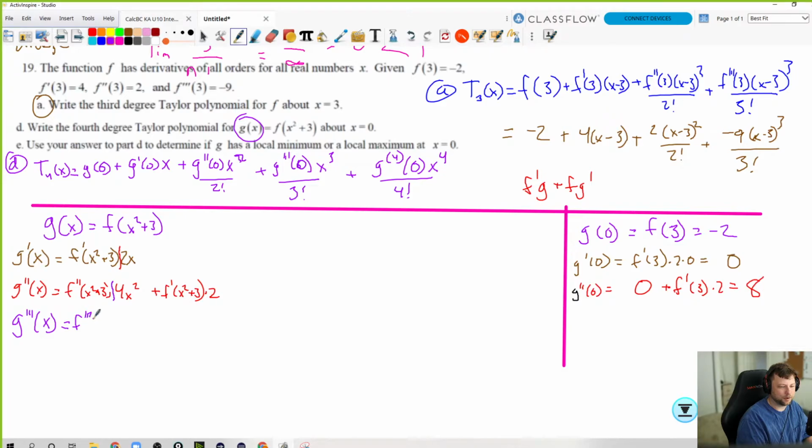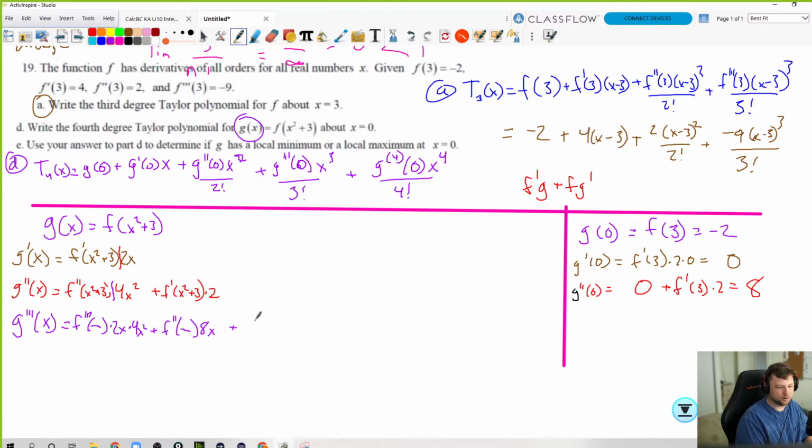F triple prime of whatever, I'm giving up, times 2x times 4x squared, plus f double prime of whatever times 8x.